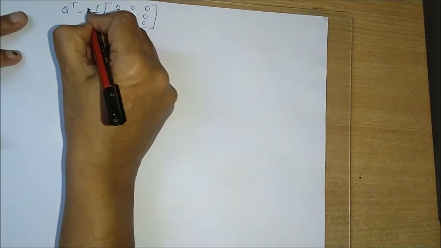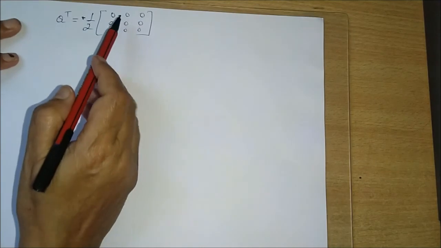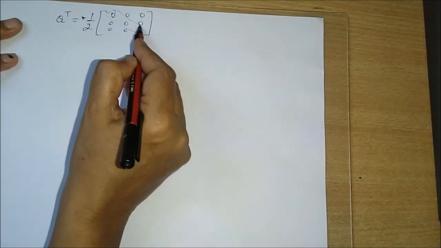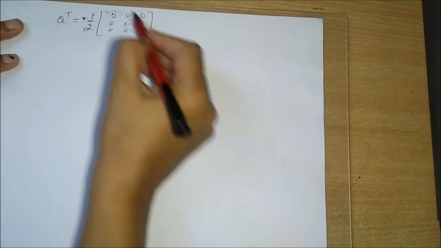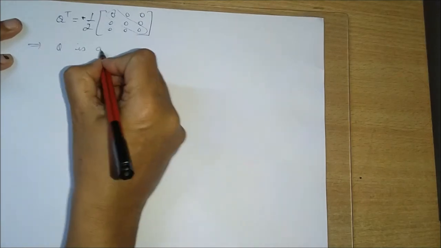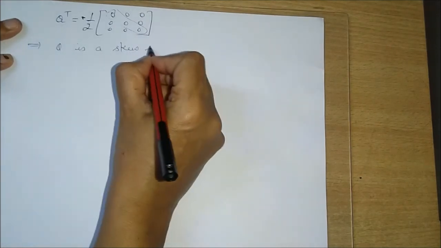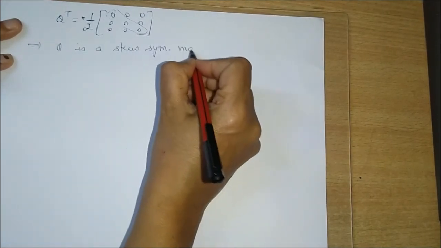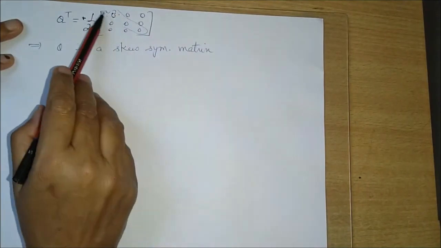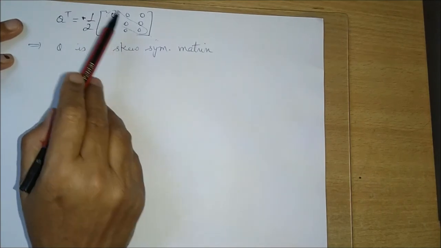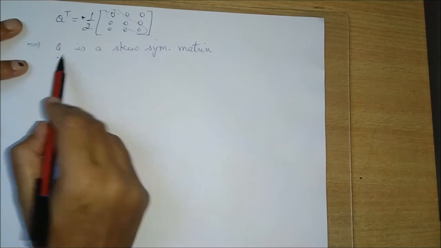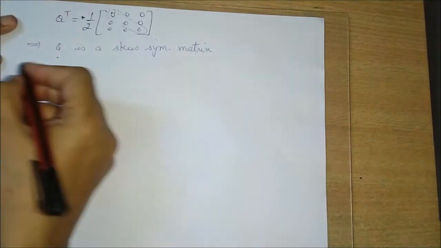As here we get all the diagonal elements as 0, so the given matrix Q is a skew symmetric matrix. All the elements present at the diagonal position, that means a11, a22, a33, are 0. That means Q is a skew symmetric matrix.